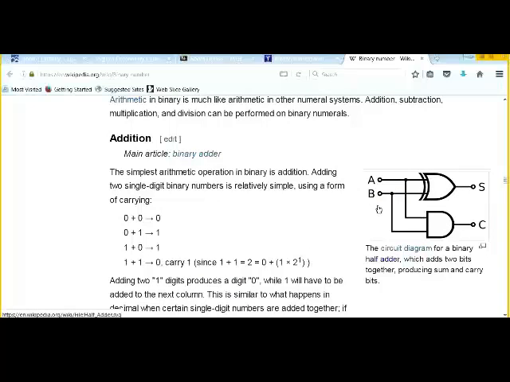What you have is the actual electric circuit that is used to do the addition calculation. A and B are the numbers. They can either be 0 or 1. This could be 0, 0, 0, 1, 1, 0, 1, 1.